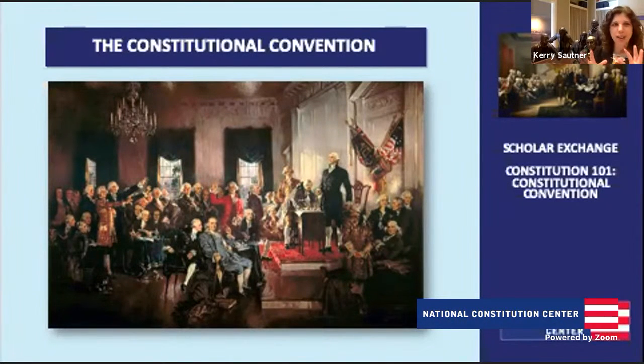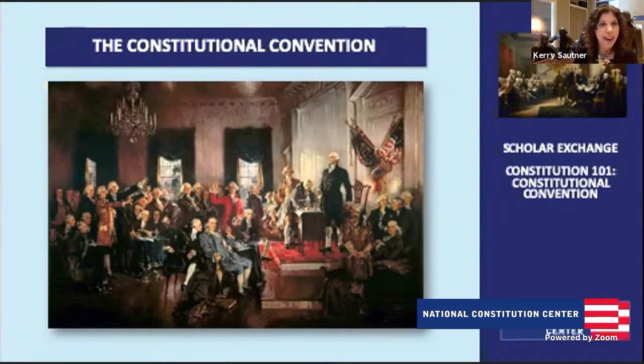So real quickly, we're going to play a seek and find. I put the painting of the Constitutional Convention on the screen. Just so you guys know, the room that we're in was designed to have the same window openings as the room at Independence Hall, which was the Pennsylvania State House at the time, which is only, by the way, a block away.